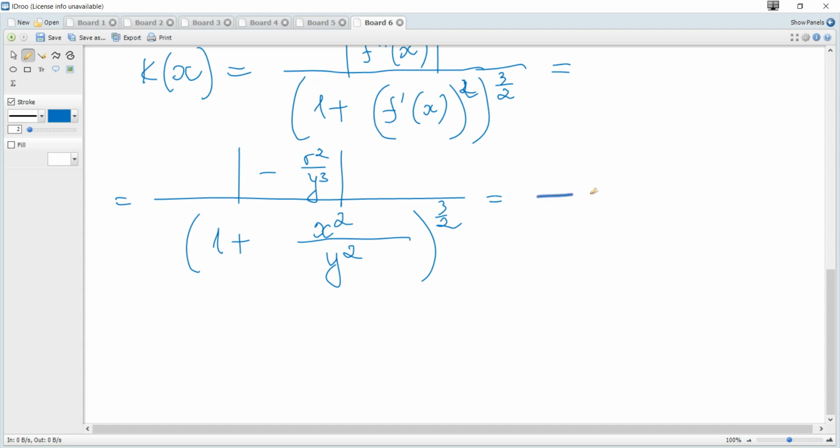It becomes r squared over y cubed, and let's take a common denominator, so y squared plus x squared to the power of 3 over 2.